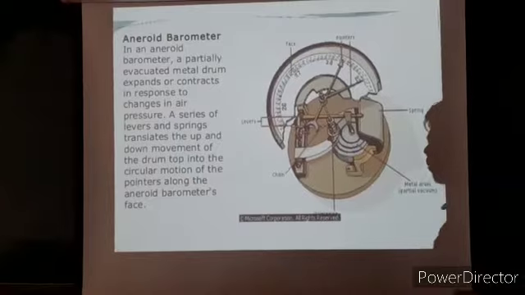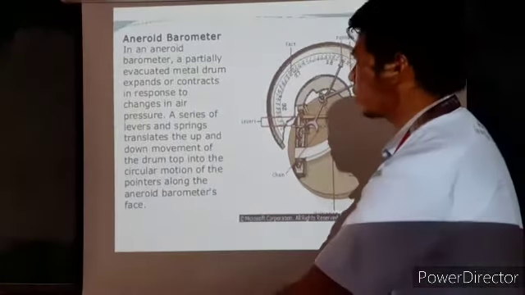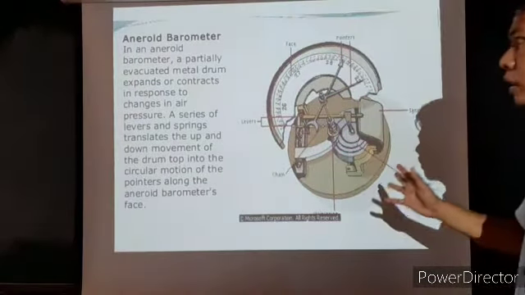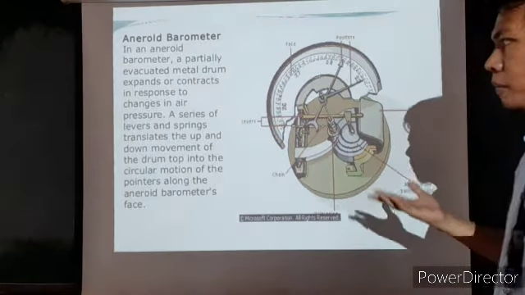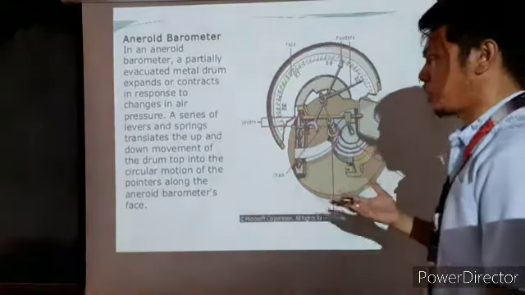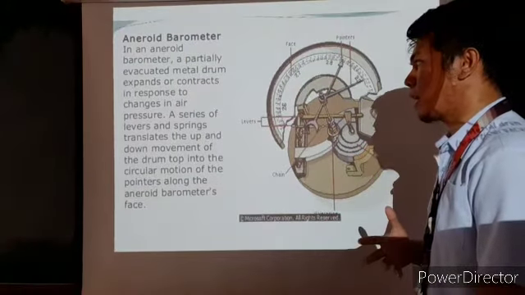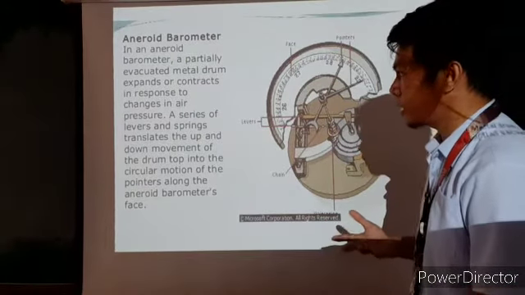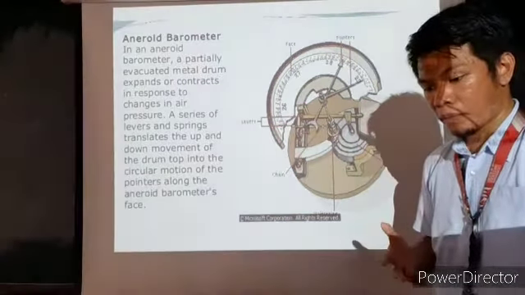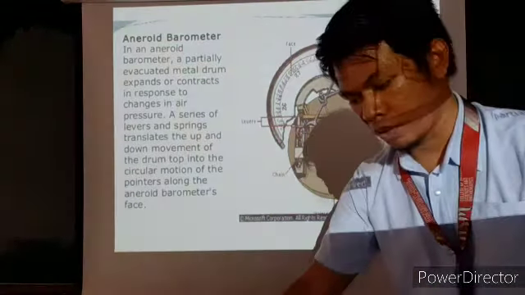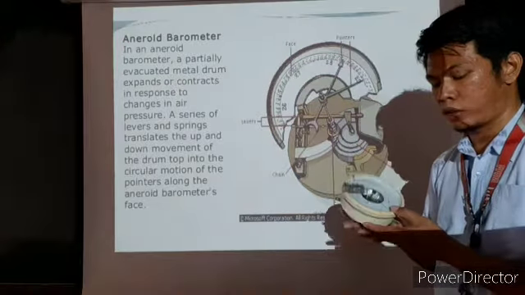So we have aneroid barometers. So in an aneroid barometer, a partially evacuated metal drum expands and contracts in response to change in air pressure. A series of levers and springs translates the up and down movement of the drum into the circular motion of the pointers along the aneroid barometer.